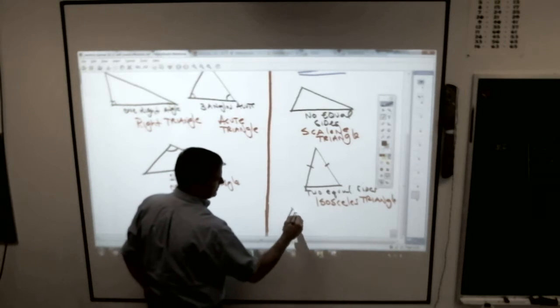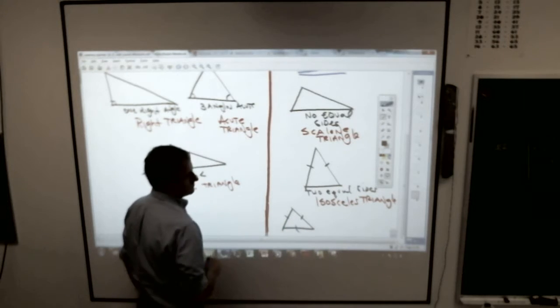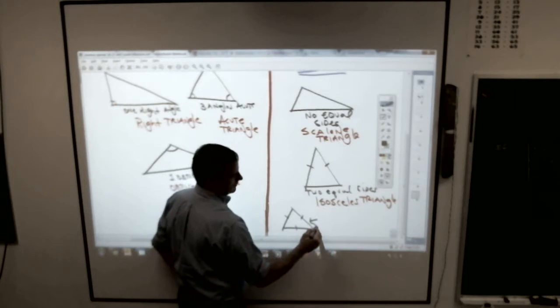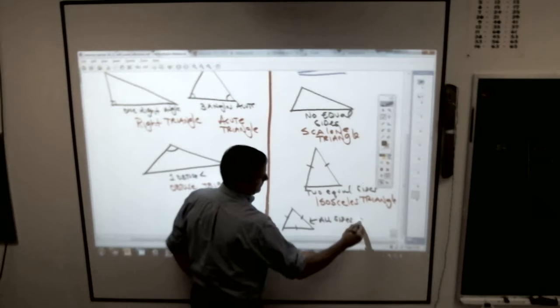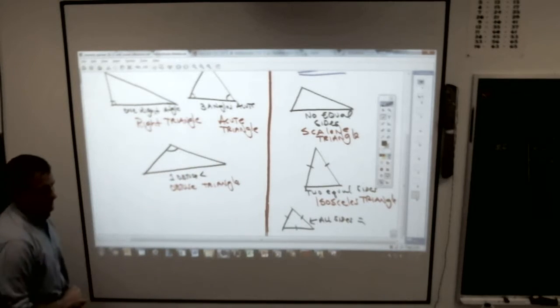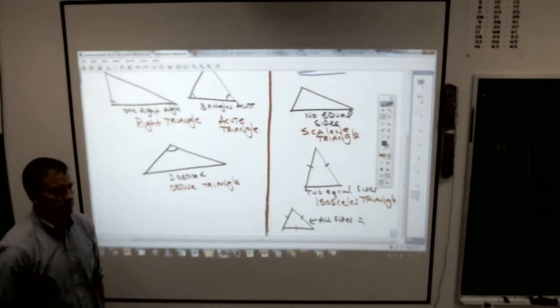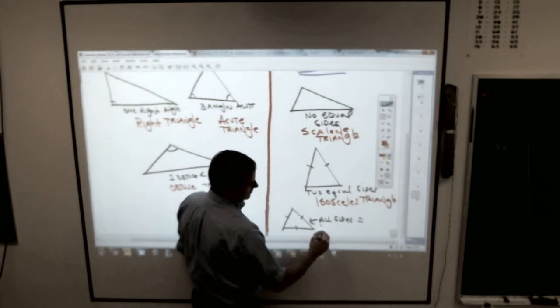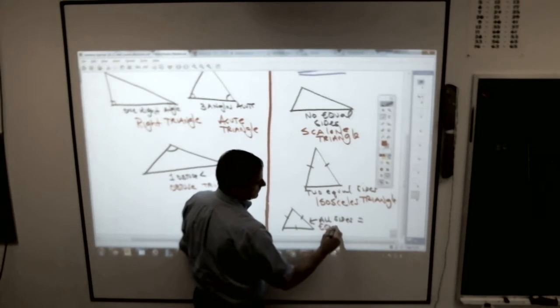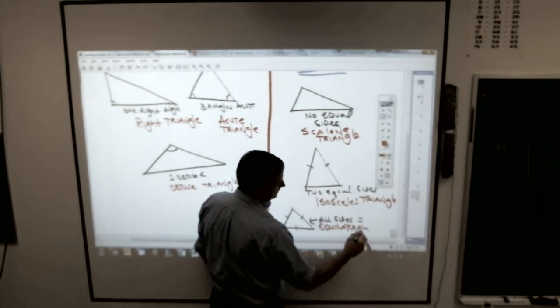If your triangle has three equal sides, all sides equal, this one's kind of easier to remember than the rest. Kendall? You got it right, yeah, here's the word, it's called an equilateral. Equilateral triangle.